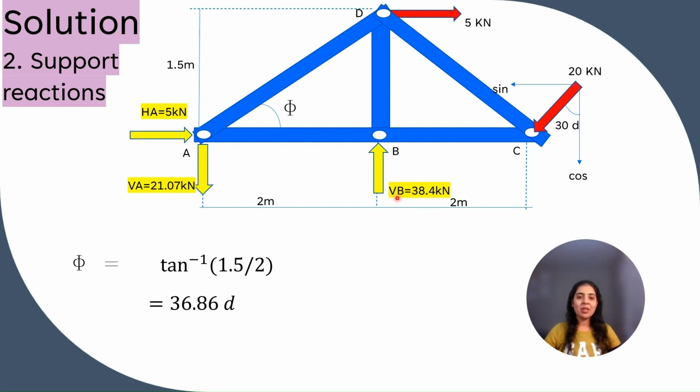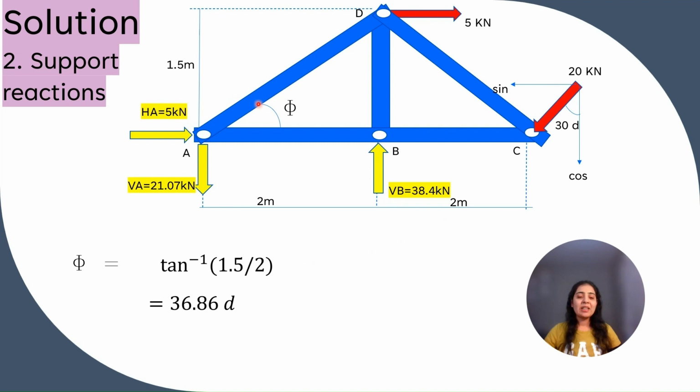At any time, you can check whether these reactions are right or not by applying any equation of equilibrium, for example summation of moment at C, and check if it is 0 or not.